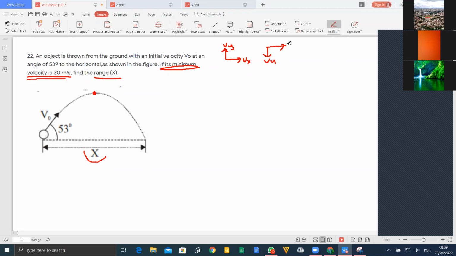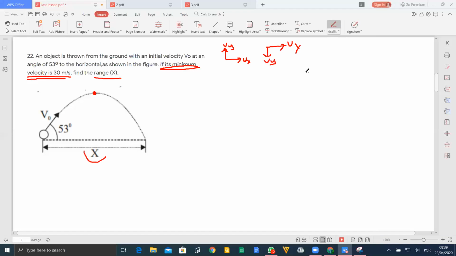But only at the point of the H maximum there is only one horizontal speed, which is V0x.